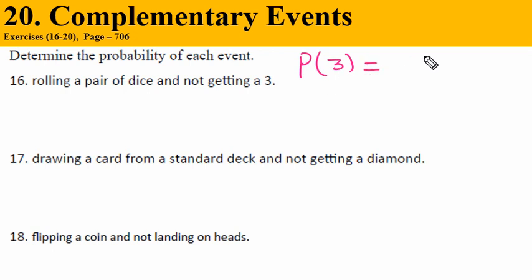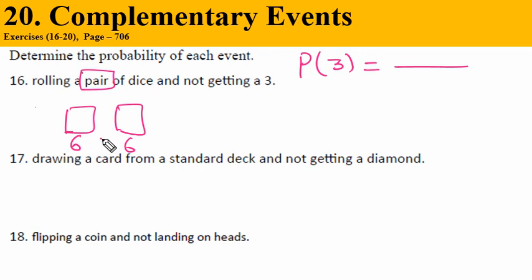Now getting a 3 means first you need to find the total sample space. Rolling a pair of dice means you have two dice, and for each dice the sample space is how much? For each dice 1 2 3 4 5 6, so the sample space is 6. Similarly for the second dice it is 6.